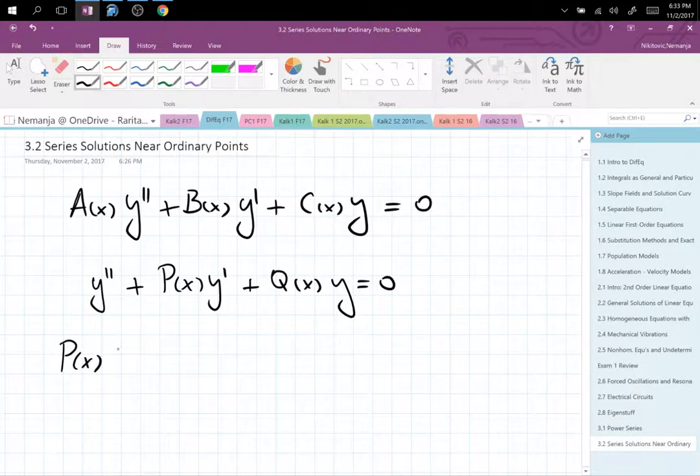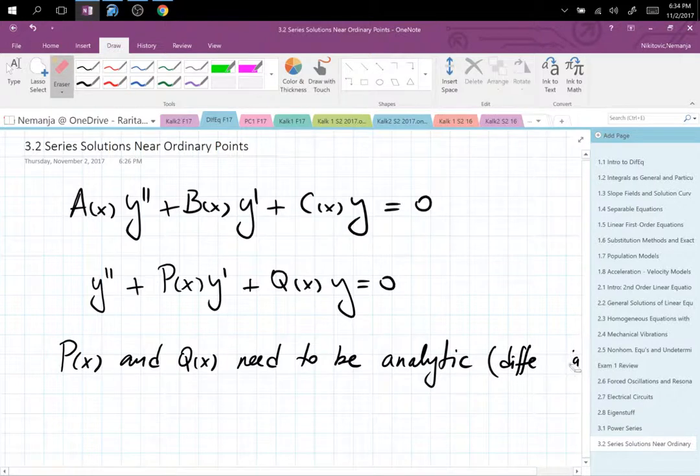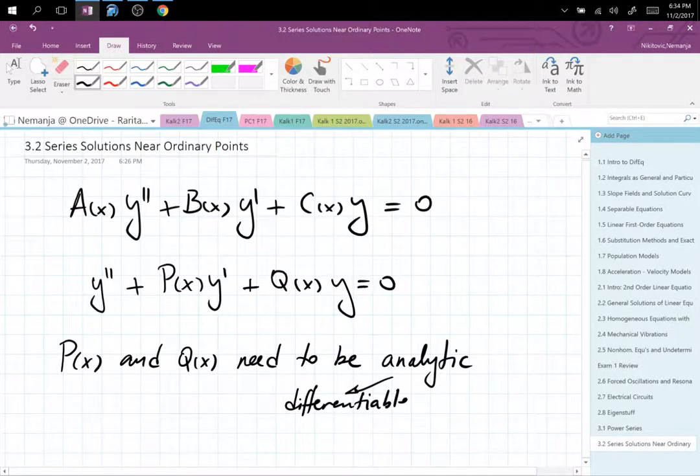So p of x and q of x need to be, yeah, let's use the word, analytic, which means differentiable at all points.